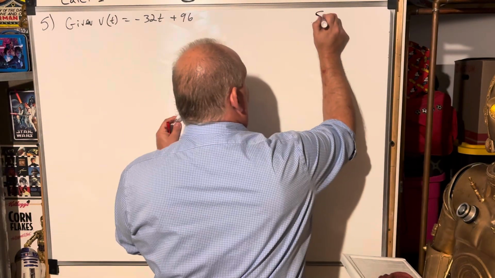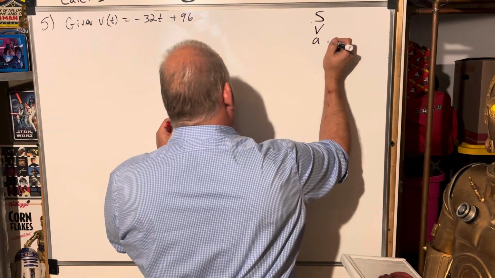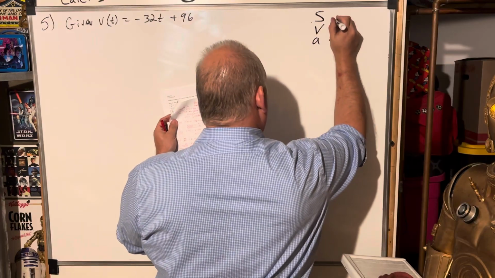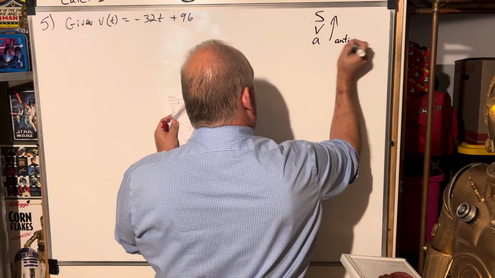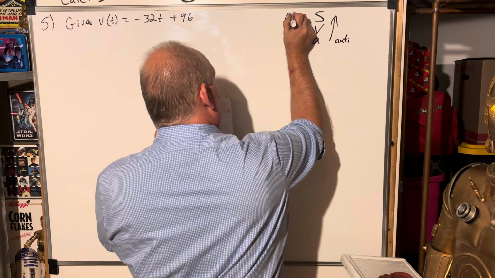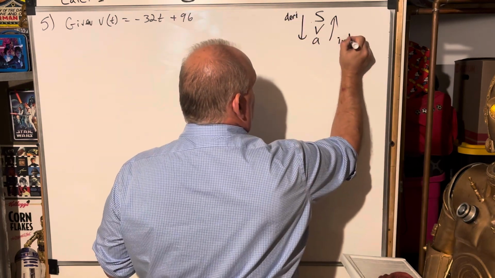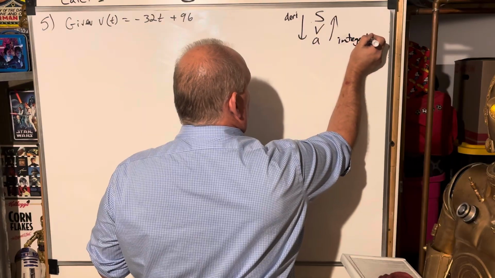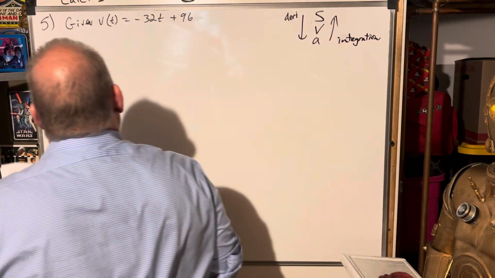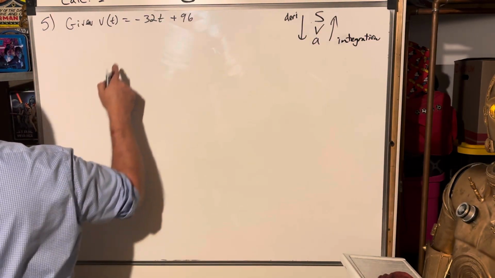So remember SVA: when you go up, that's the antiderivatives, and when you go down, that's the derivatives. Or integration, we might have written that as integration going that way.